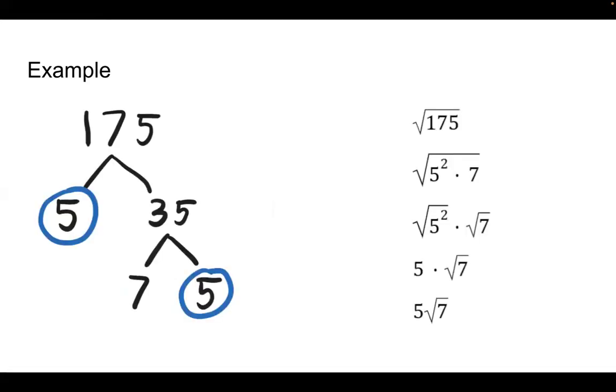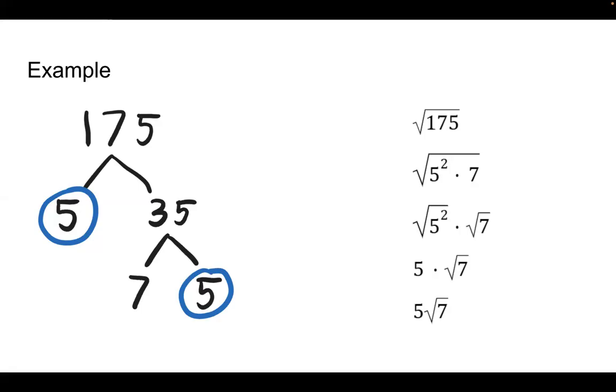All right, so let's talk about it. This is a great example of when to use the factor tree because 175 is not a perfect square and it's kind of a big, scary number. So we can divide a 5 from that, get a 5, and then 35. 5 can't be broken down anymore, but 35 can.